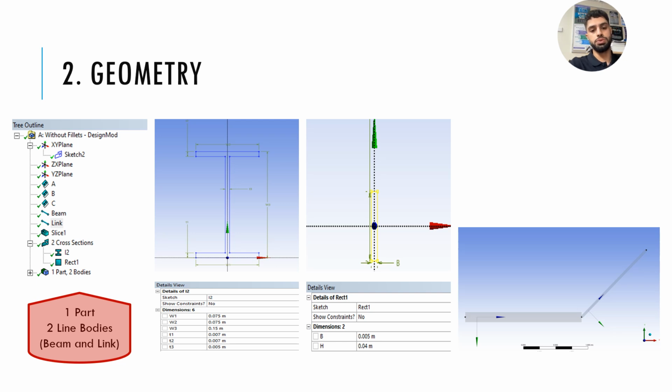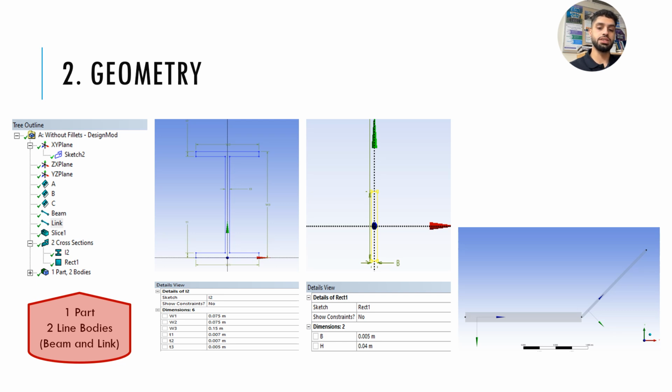So by default, when we make a line for each body, being the beam and the link, ANSYS Workbench automatically sets those into the same line body.